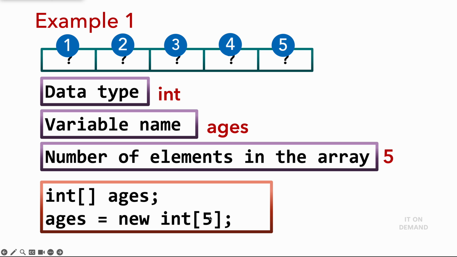And in between that, we have the number of elements in the array. So this is how we would declare and allocate memory to that array, just to prepare ourselves to then feed in the data. And we'll look at this in an actual program.